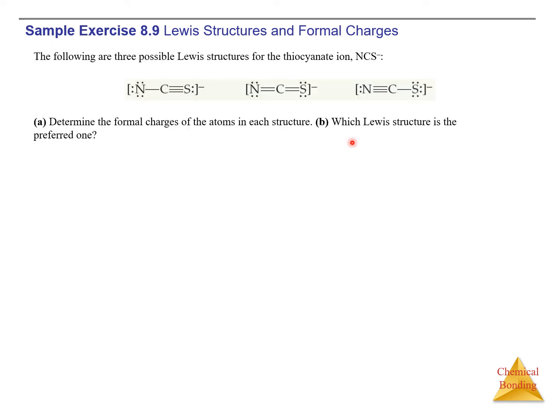Let's look at this sample exercise 8.9, Lewis structures and formal charges. There are 3 possible Lewis structures for the thiocyanate ion, NCS-. You can see this. Determine the formal charges of the atoms in each structure, and in B, which Lewis structure is the preferred one.